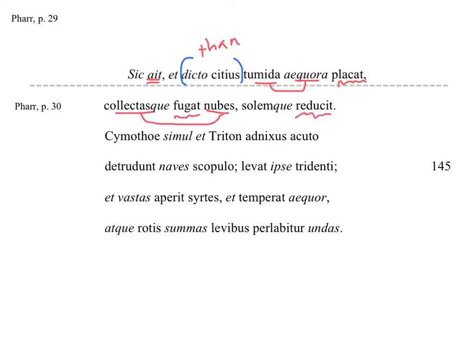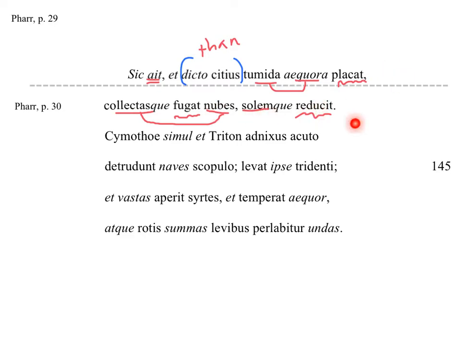And reducit, and he leads back the sun. So one more time. So he speaks, and more quickly than this is spoken, he soothes the swollen seas and puts to flight the collected clouds and leads back the sun.